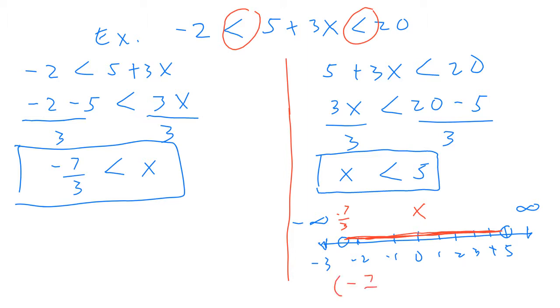Negative 7 over 3, comma, and to the right it's 5. And it's an open circle, so that should be in parentheses also. So this is our final answer for the solution set in set interval notation.